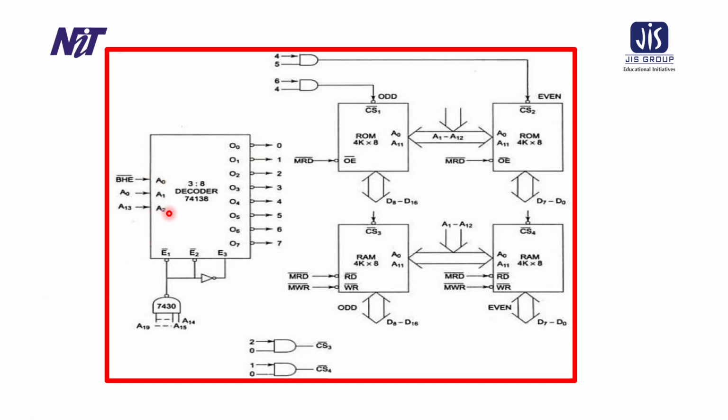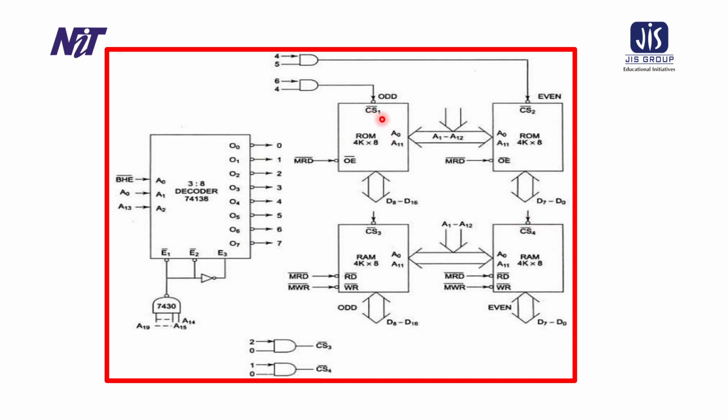Now, if there are 3 inputs, obviously there are 8 outputs, O0 to O7, and these outputs are active low. Now for CS bar, outputs 0 and 2 are connected, and CS3 bar, outputs 0 and 1 are connected to the CS4 bar, so this line is connected over here. For the complexity of the diagram we have not drawn all connections.